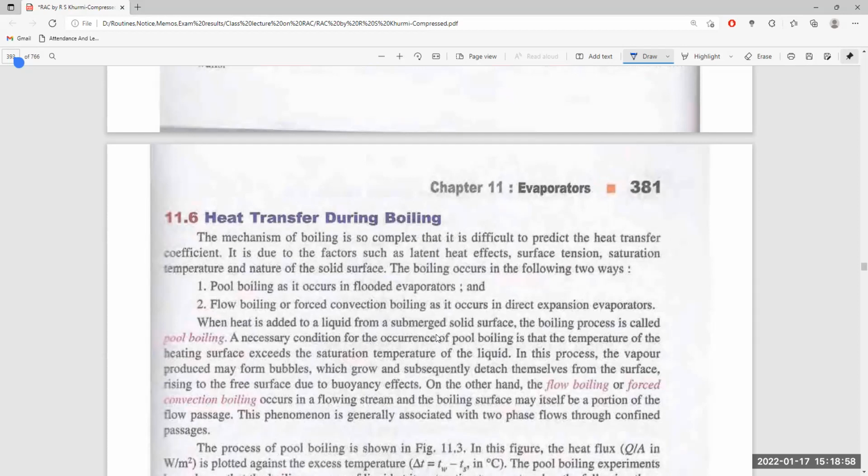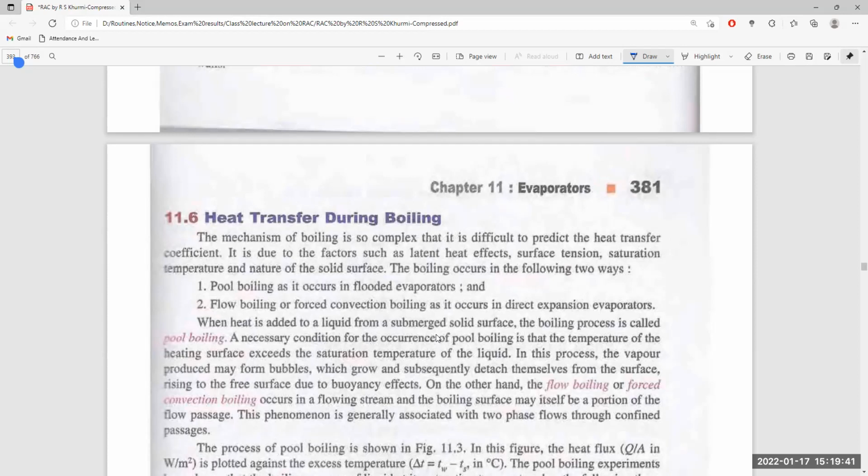When heat is added to a liquid from a submerged solid surface, the boiling process is called pool boiling. A necessary condition for the occurrence of pool boiling is that the temperature of the heating surface exceeds the saturation temperature of the liquid.